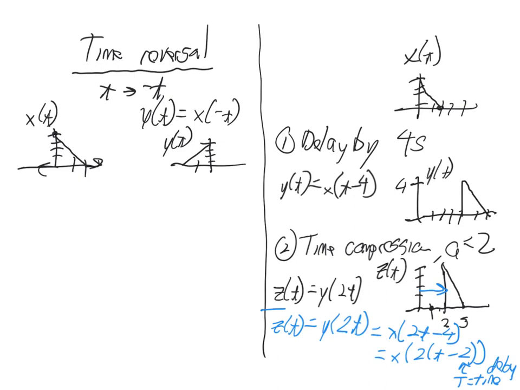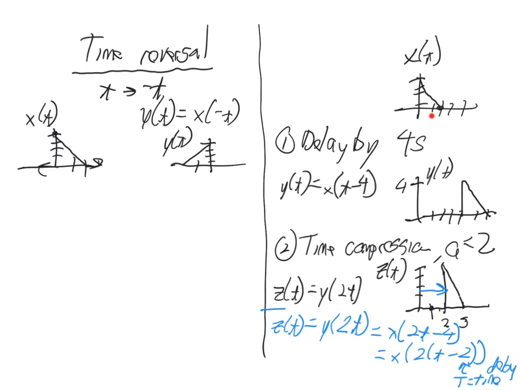The other way I could look at it is this form. These two forms are equivalent. So if t is 2.5, then this is 2.5 times 2, which is 5, minus 4 is 1. We get the same thing as we would expect.